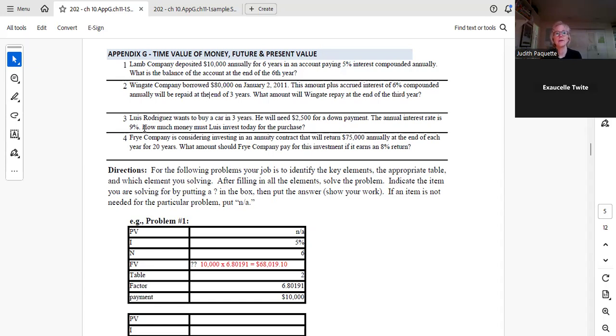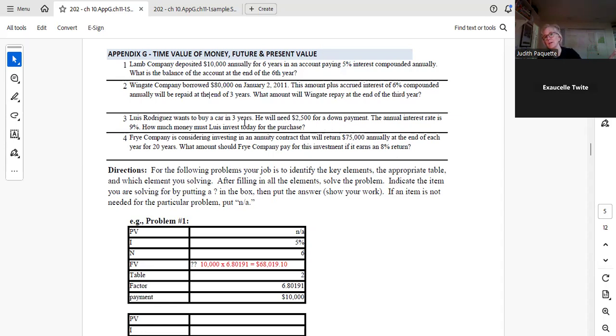Down here, how much money must Lewis invest today for the purchase? Present value, exactly. He wants to buy a car in 3 years, and he will need 2,500 for a down payment. So we know the future value in 3 years has to be 2,500.